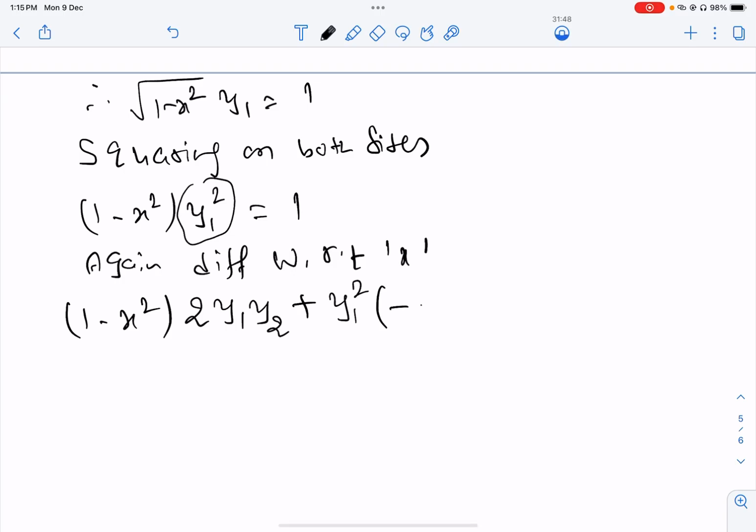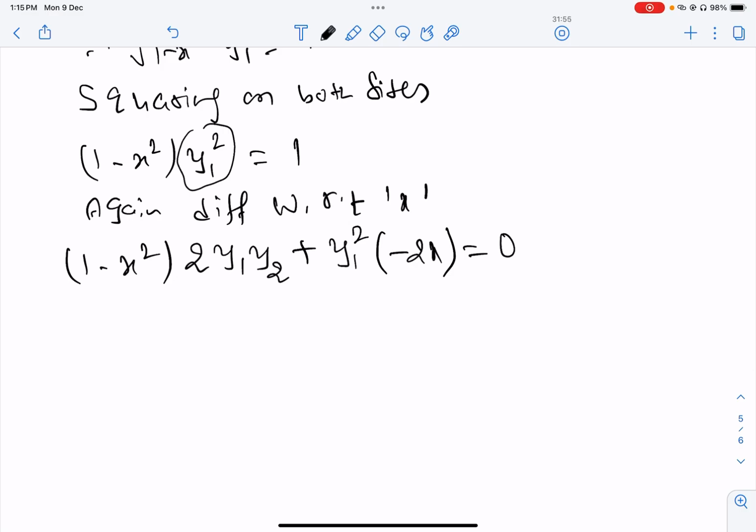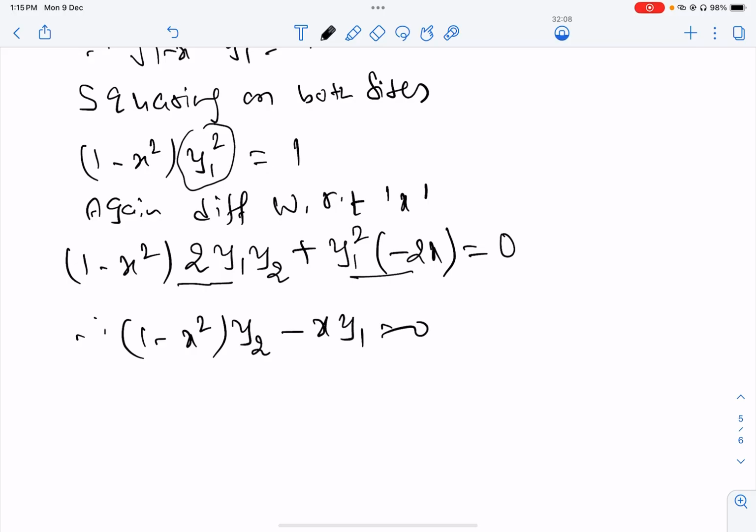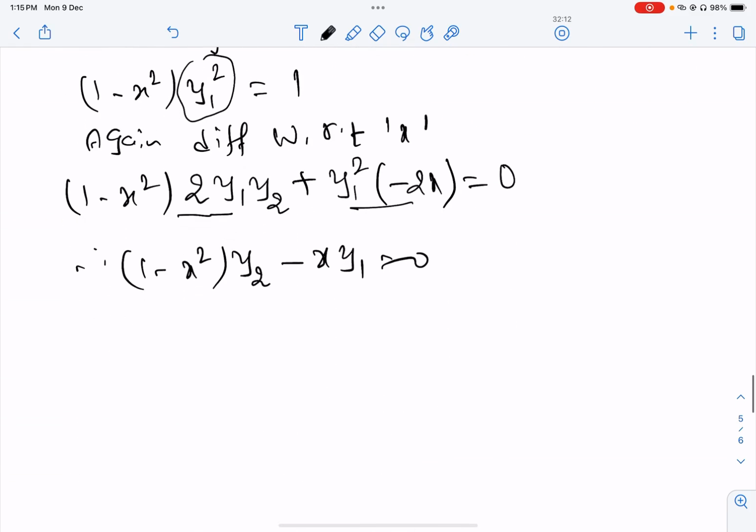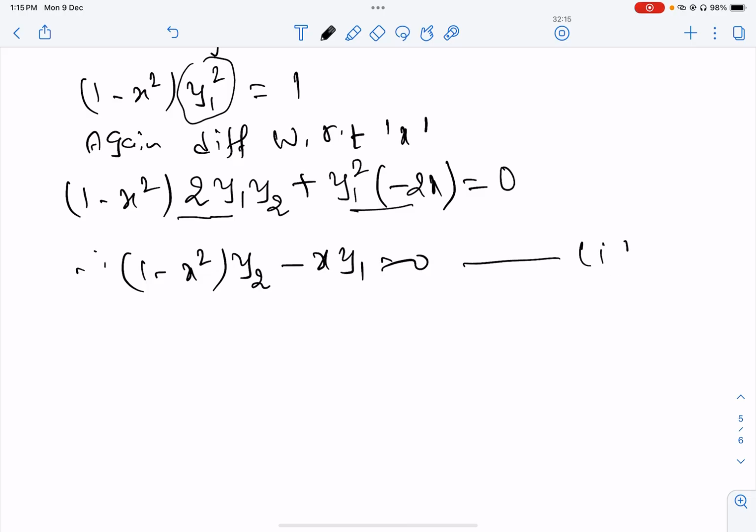Derivative of 1 minus x square is minus 2x, and derivative of 1 is 0. So 2 and y1 is there. So we can take like this (1 minus x square) y2 minus x y1 equal to 0. So that is the proof of the first. So 1 is proved. Now we would like to prove the second.